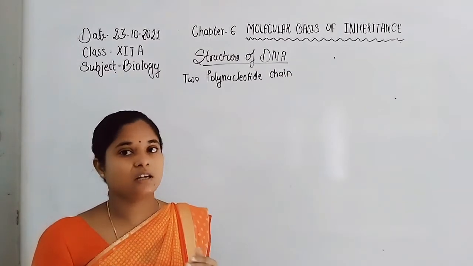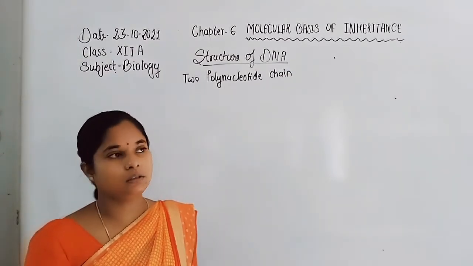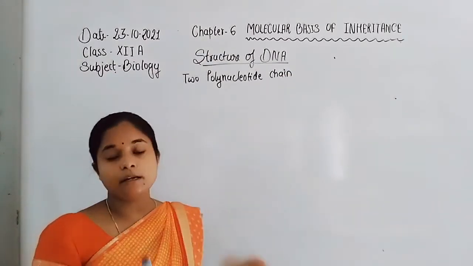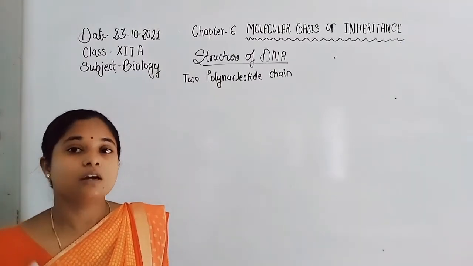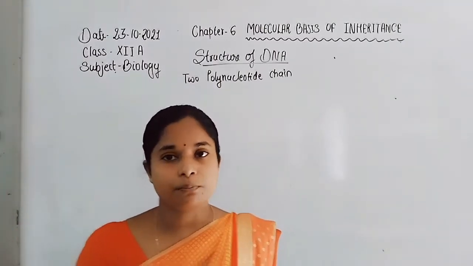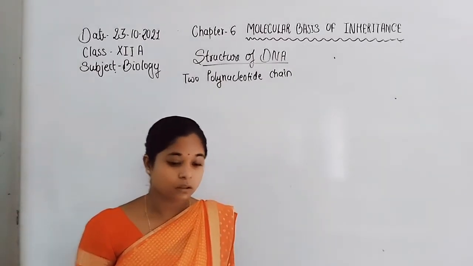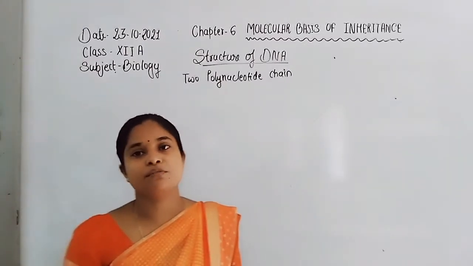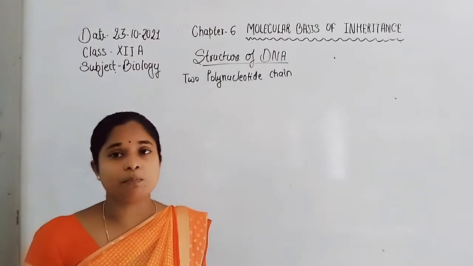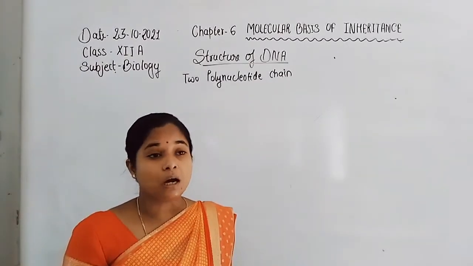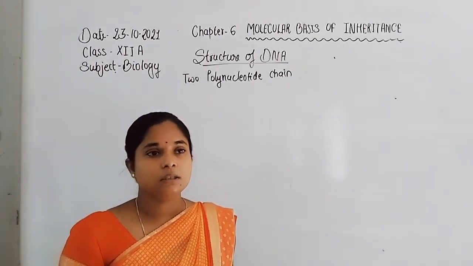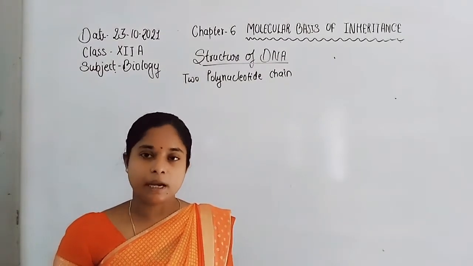Both strands are antiparallel in direction, and both strands are linked with hydrogen bonds, double or triple hydrogen bonds, present between the nitrogenous bases. There are two types of nitrogenous bases, purines and pyrimidines. Purines are adenine and guanine. Pyrimidines are cytosine and thymine.